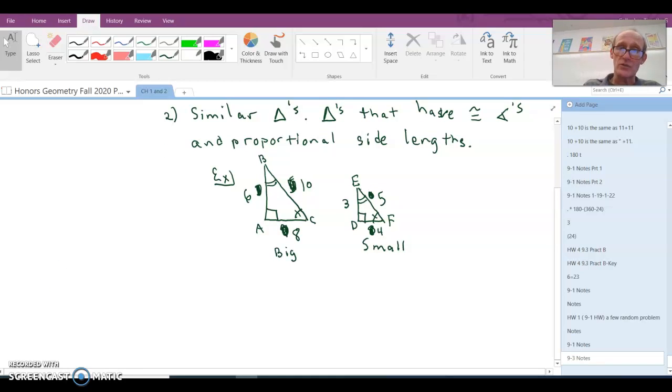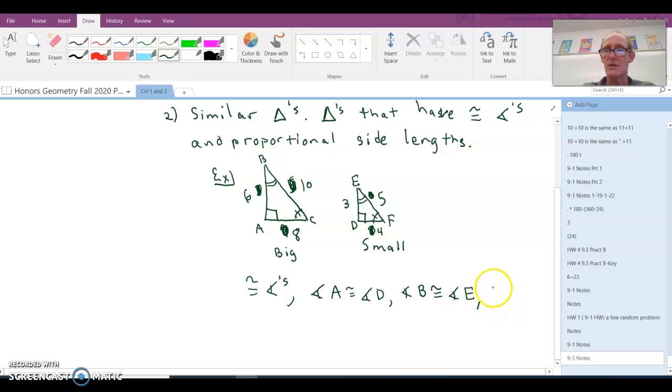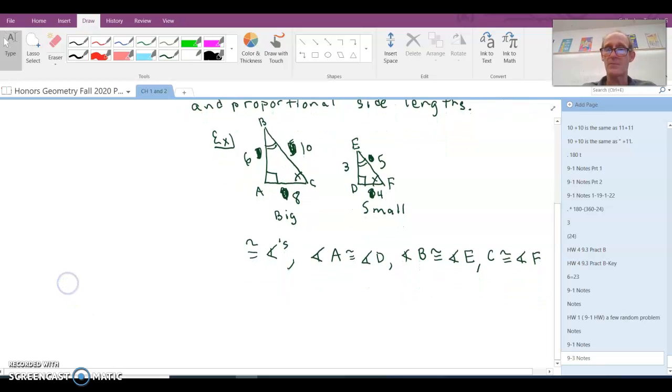So the angles are congruent. Right? Angle A is congruent to angle D. Angle B is congruent to angle E. And angle C is congruent to angle F. And 6 over 3, you can see that, 6 over 3 is equal to 10 over 5.